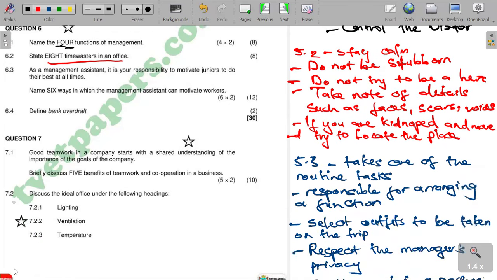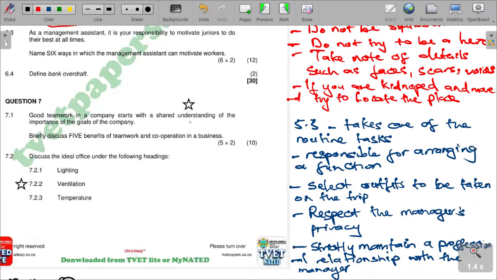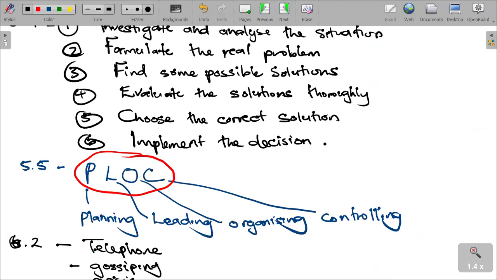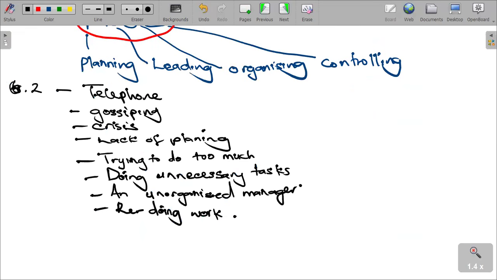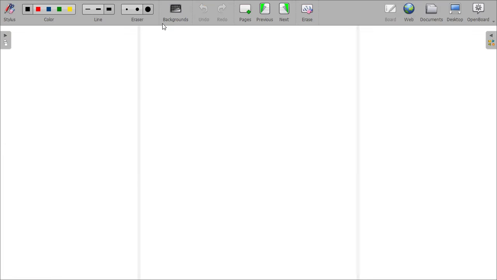How can the management assistant motivate juniors? Right. Ways of motivating workers.